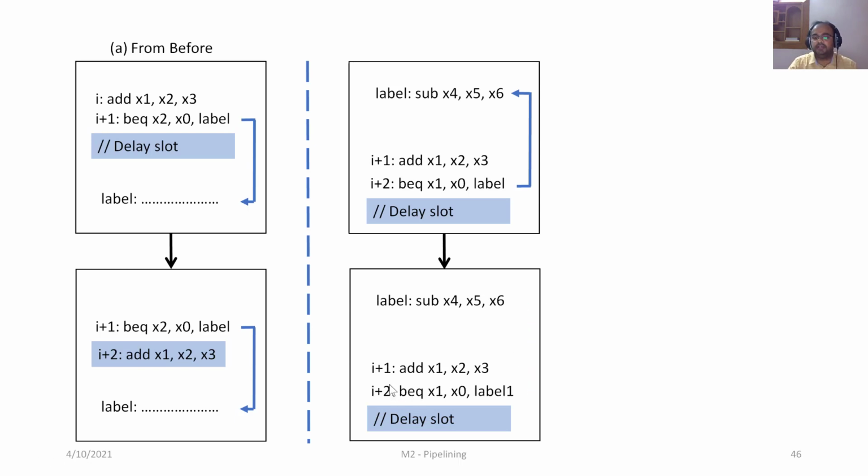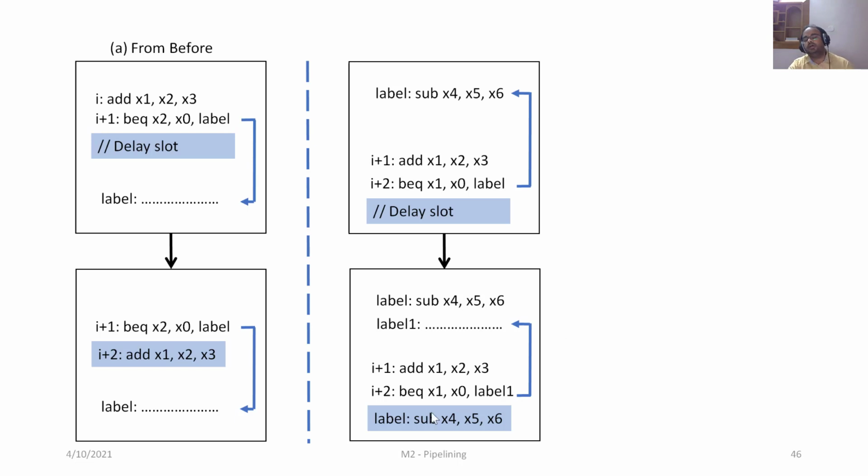So we have the I plus 1 instruction here, I plus 2 instruction here. In the branch delay slot, it can place the subtract instruction by changing the target to the instruction below it and placing this instruction in the delay slot.